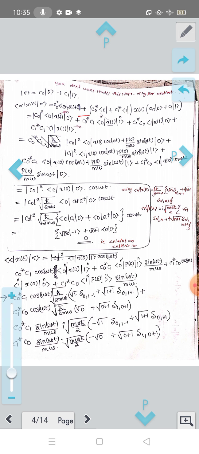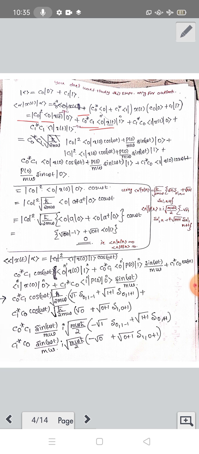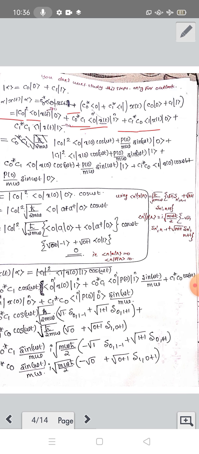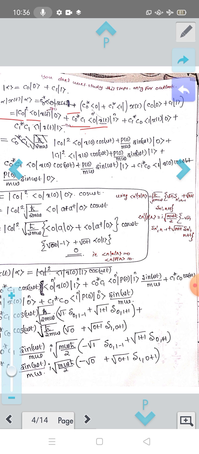So we will get mod C0 square bra 0 x of t ket 0 plus C0 star C1 bra 0 x of t ket 1 plus C1 star C0 bra 1 x of t ket 0 plus C1 star C1 bra 1 x of t ket 1.